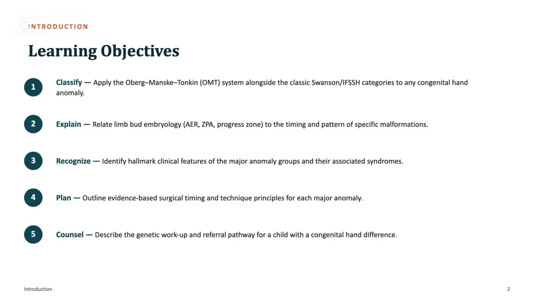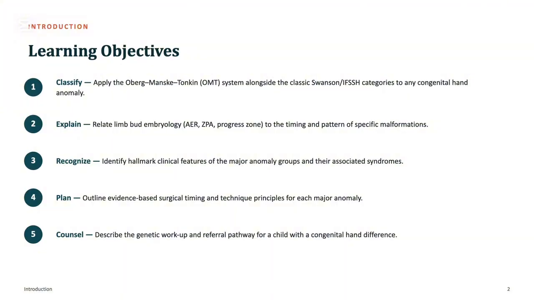Today we're talking about congenital hand anomalies. Probably you've seen some. Our objectives today are to classify the congenital anomalies and have a clear vision about the relation between the timing of interruption of embryologic development and the resultant phenotype, or the resultant change in the skeletal or soft tissue.